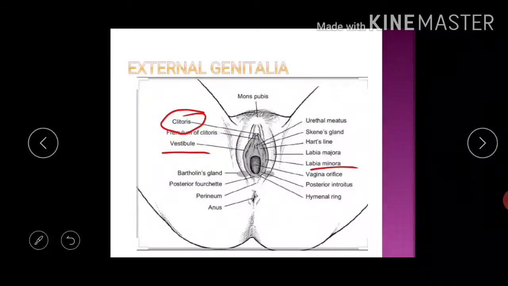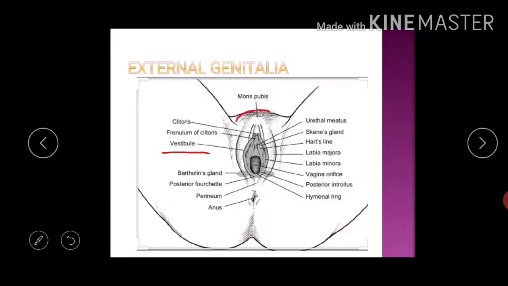These are a pair of fleshy folds of skin forming the boundary of the vulva. See this, this is the boundary of the vulva. They surround and protect the outer part of the external genitalia and enclose the urethral and vaginal openings in the vestibule.